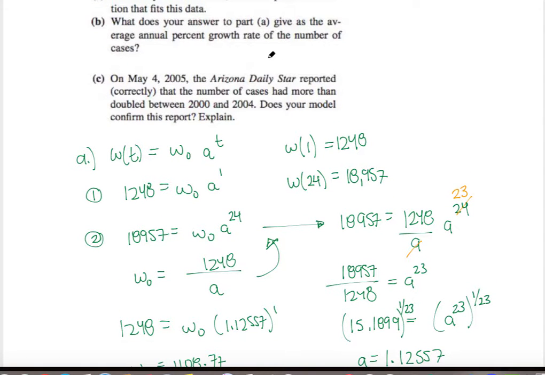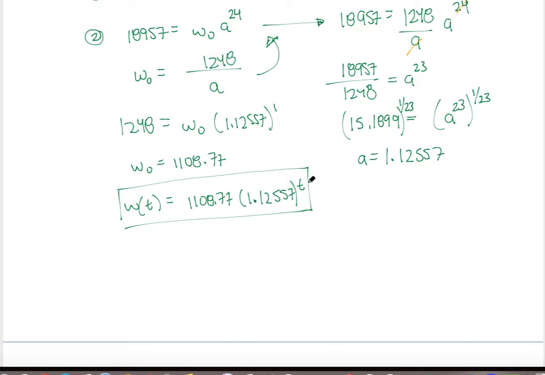Question B says, what does your answer to part A give as the average annual percent growth rate of the number of cases? So this just comes from A. So since A is equal to 1 plus R, R, which is our rate, is A minus 1.